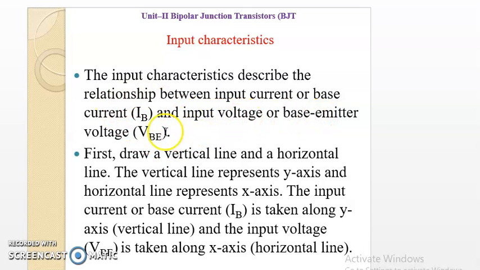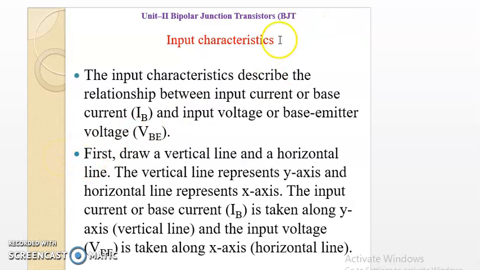There is a relation between input voltage and the input current. But for a certain value of constant collector voltage, by varying VBE, what is the effect on IB? That we have to study. It is nothing but the study of input characteristics.